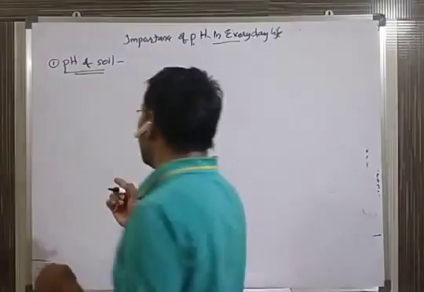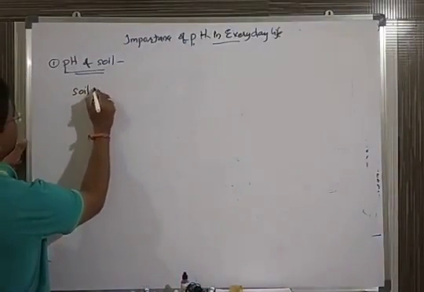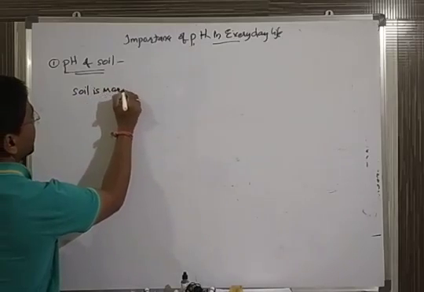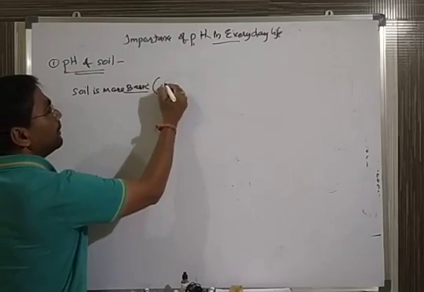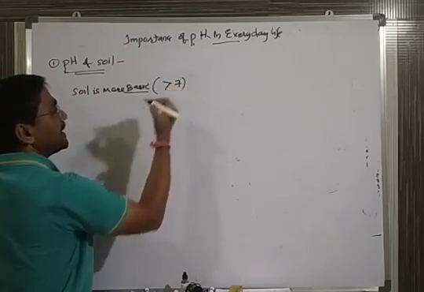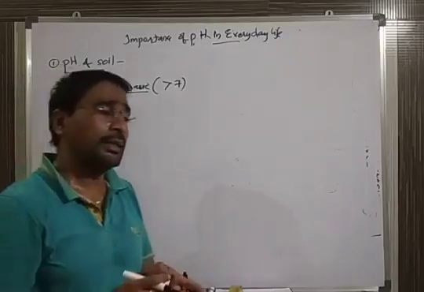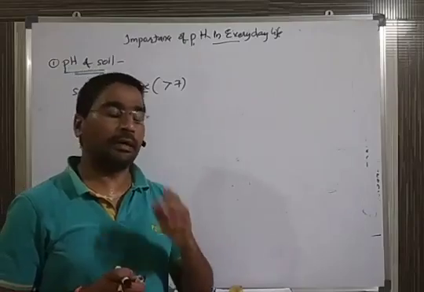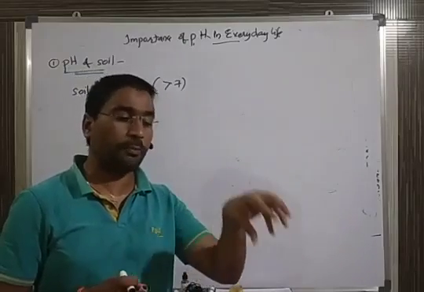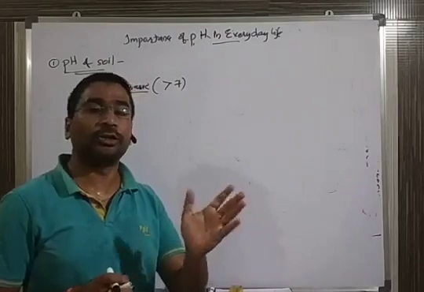For example, if the soil is more basic, what does more basic mean? pH is greater than 7. Some crops, if the soil is more basic, are not suitable.